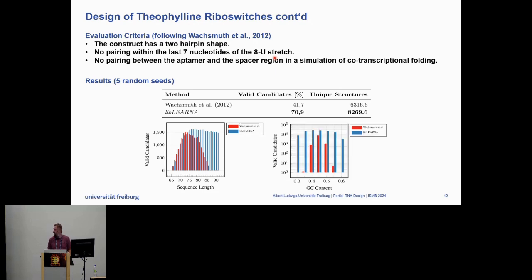And finally, for our experiment where we just add the GC content reward signal, we see a similar result, where no matter what value we would like to have in the GC content, we can still design a lot of valid candidates here.